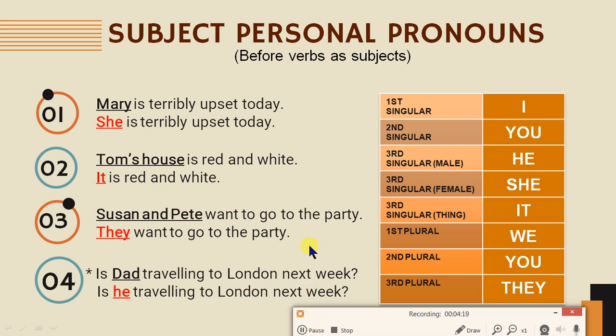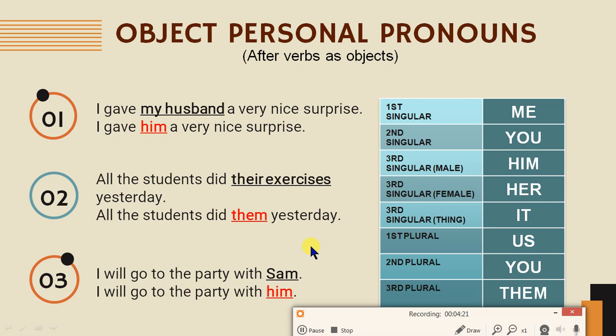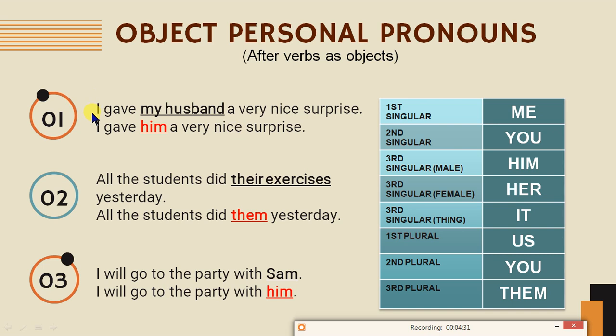In the next slide we are going to see object personal pronoun. It means after verbs, as object. It means after the verb the object will be there. We will move to the first example. I gave my husband a very nice surprise. I already underlined the words my husband.